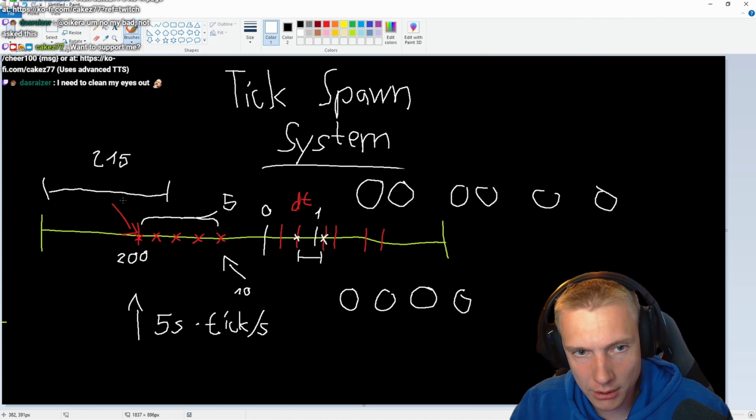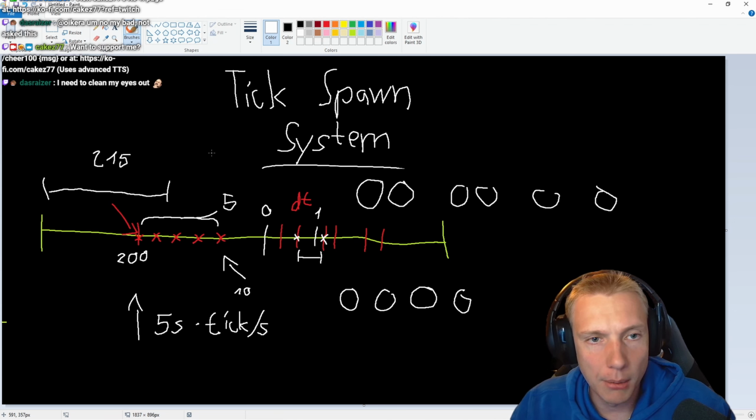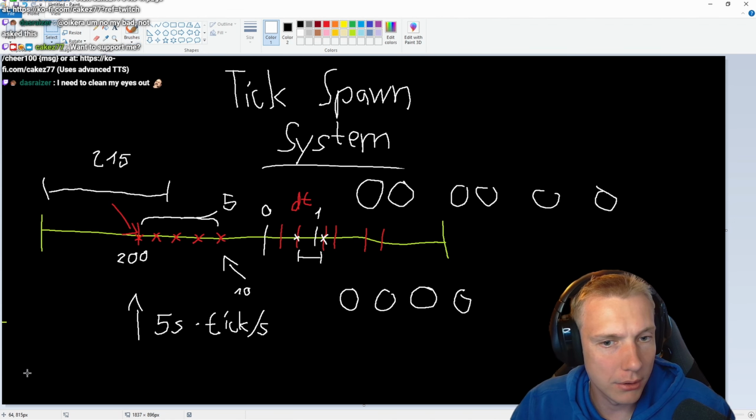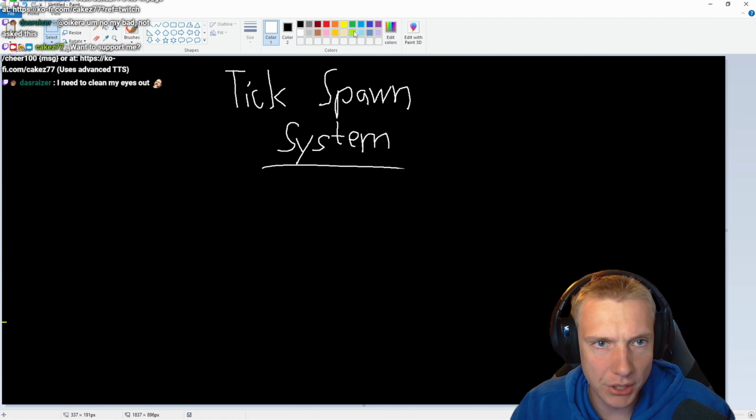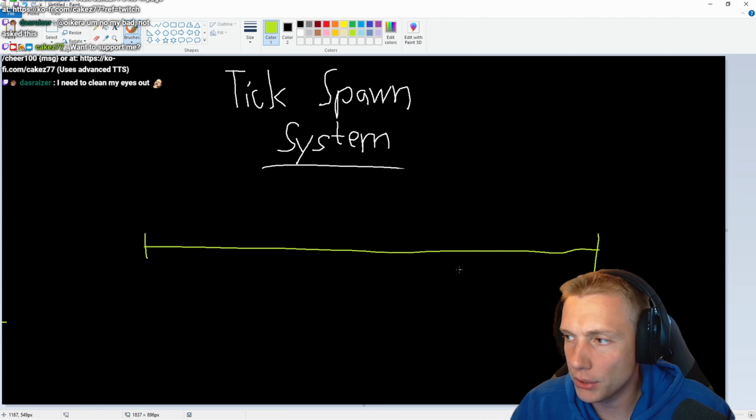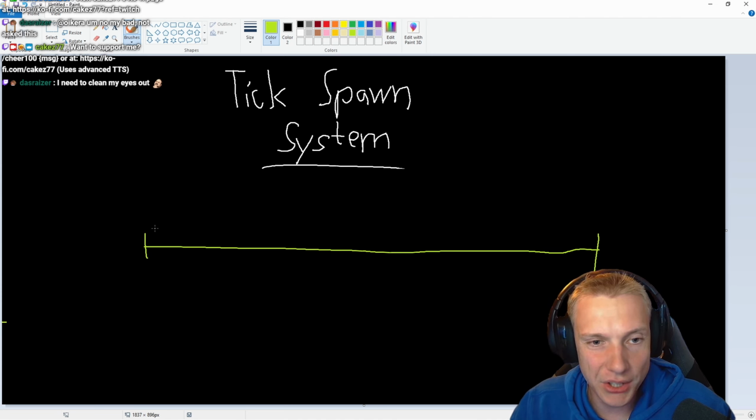This problematic situation here is simple, actually. Overcoming this is simple. Let's say we have a timeline, right? This is the time that flows. And we basically say, okay, time, I want to update at fixed intervals.